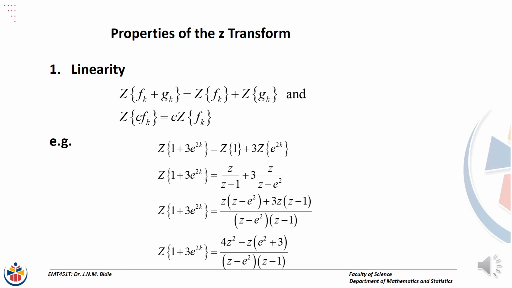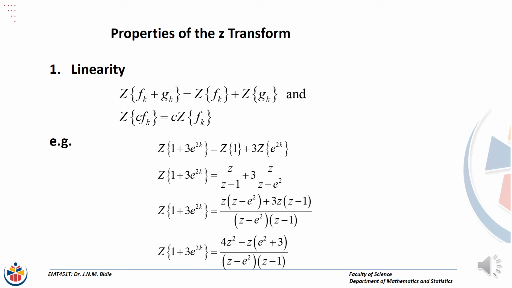Also, the Z transform of C multiplied by a signal is C times the Z transform of that particular signal. Note the example that we have here. We have 1 plus 3e to the power 2k. So we'll take the Z transform of each term.